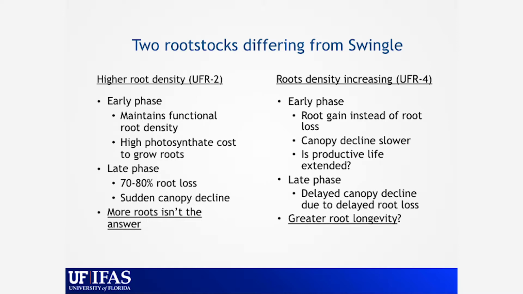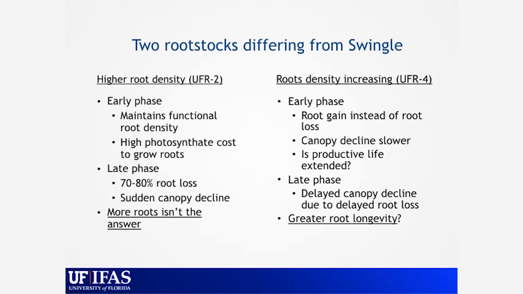But in late phase, what Evan observed was this sudden collapse of the canopy that was accompanied by a sudden loss of roots, 70 to 80% root loss. So he concluded from that study that more roots is not the answer. So stimulating roots is not the answer. More root production is not the answer per se, at least under those dynamics.